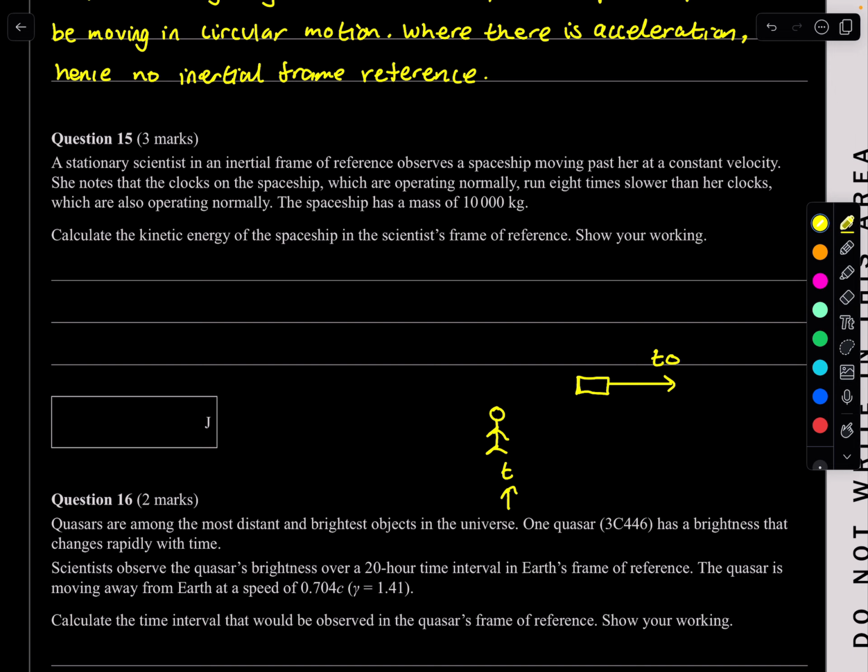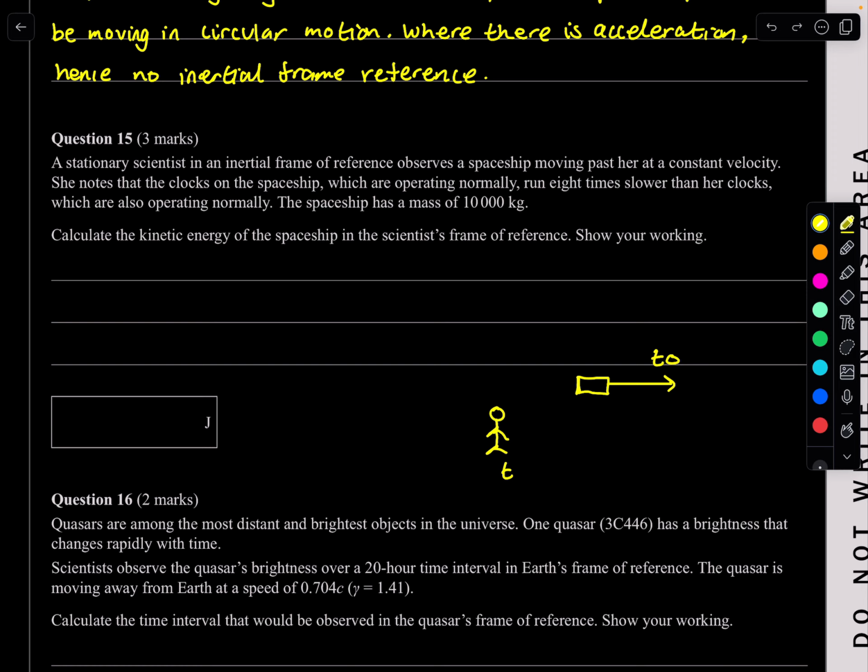Her one's going quicker, and this one must be slower because this is the real time, but her one's being dilated. So she's like, why is their one running slower than hers? But it's because her one is actually running faster. All right, calculate the kinetic energy of that. They've given us here that it runs 8 times slower.